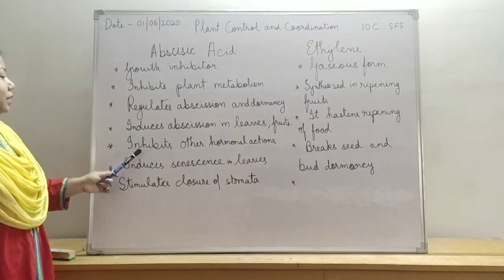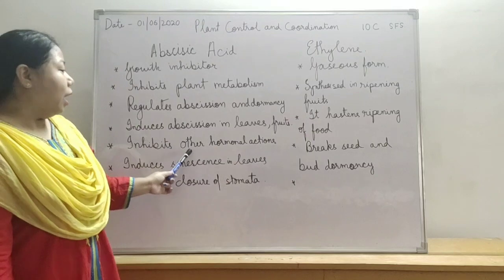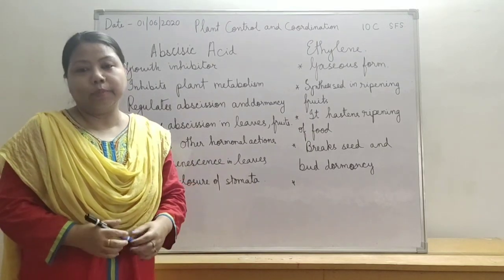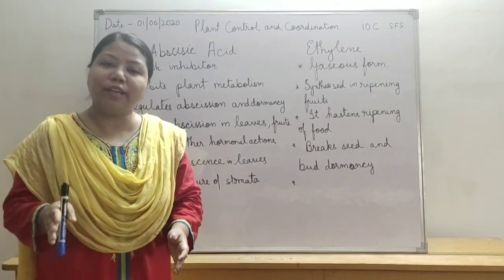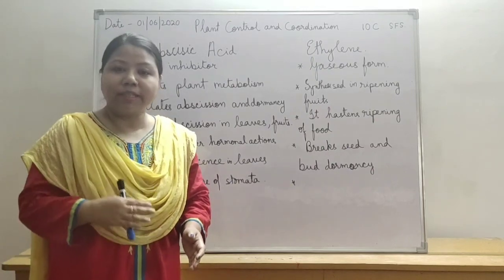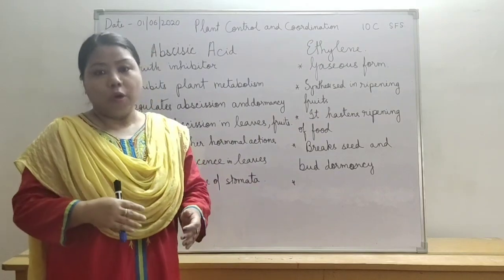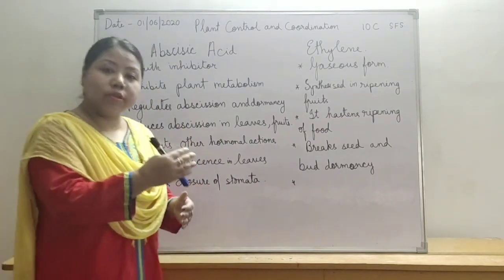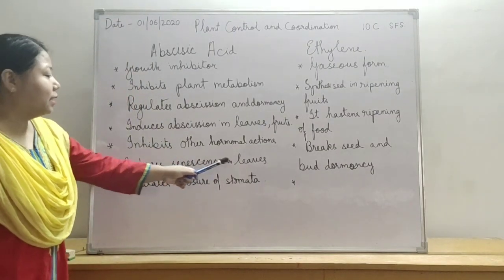Fine. It is an inhibitor and it inhibits the other hormonal action. That means the action of auxin, gibberellin and cytokinin is inhibited by abscisic acid. That means it works as an antagonist to those hormones. Yes, it works oppositely to those hormones. It also induces senescence in leaves.